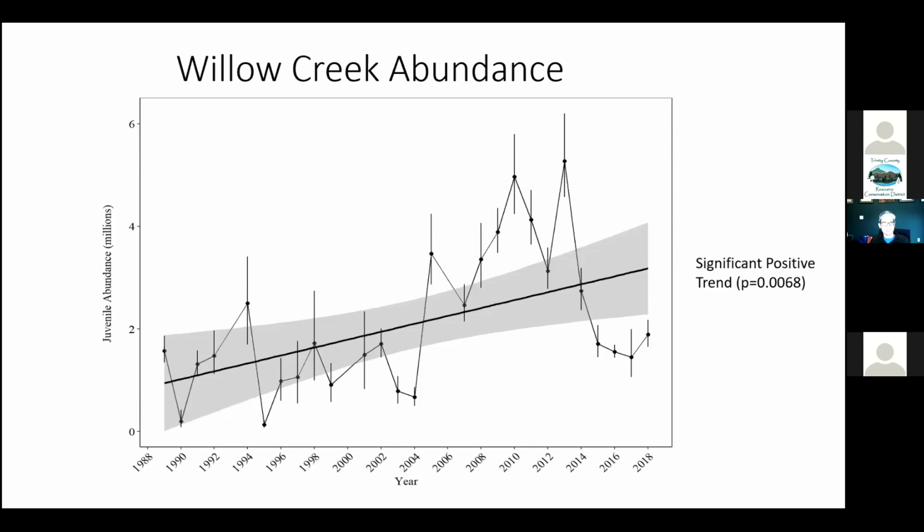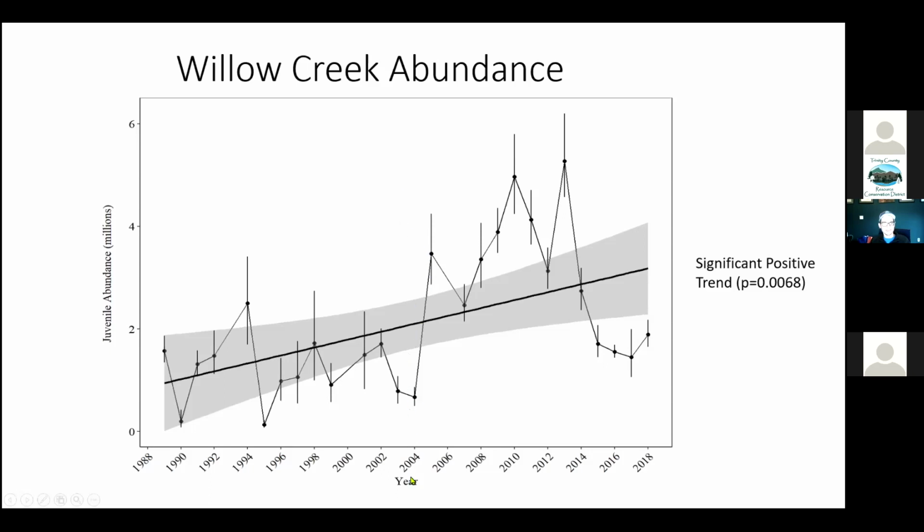So switching downstream, looking at Willow Creek, looking at the entire time series from 1989 through 2018, we do see a significant positive trend in abundance. So these are just numbers of juveniles. But we do know that right here in the middle of this time series, we started implementing the Record of Decision flows from Lewiston. They were supposed to happen in 2004.